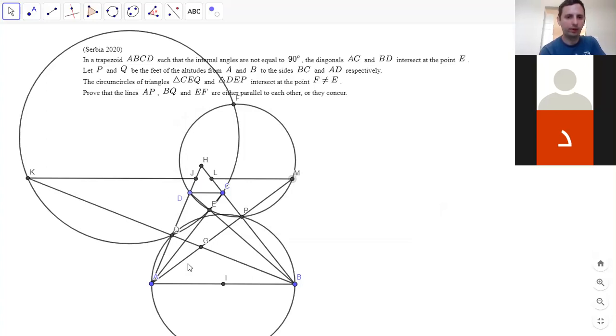So I could show like the distance. So I know that QKJ is similar to QAB, and I know that LPM is similar to PAB.